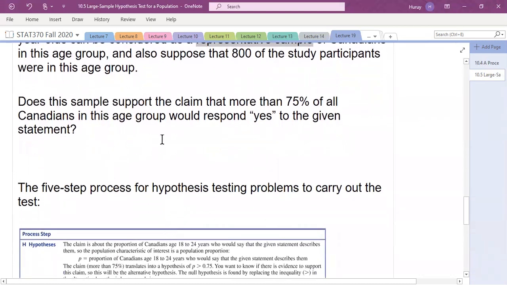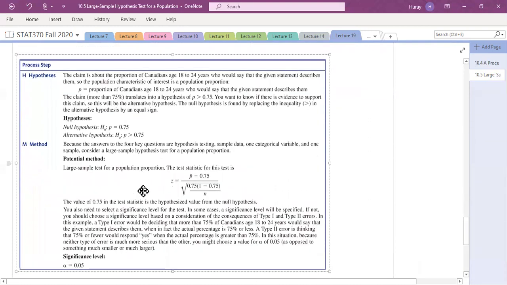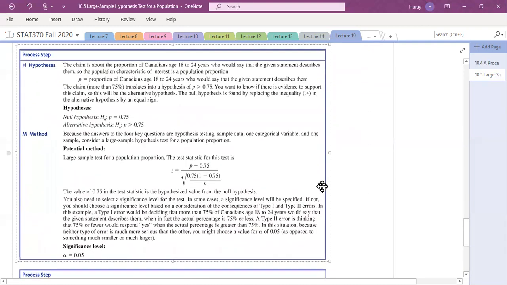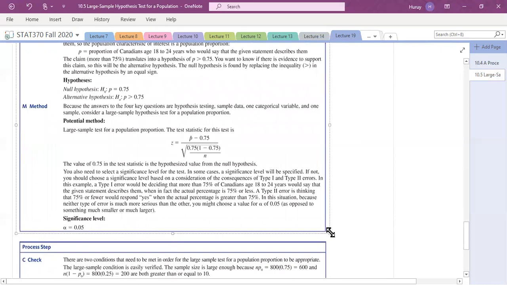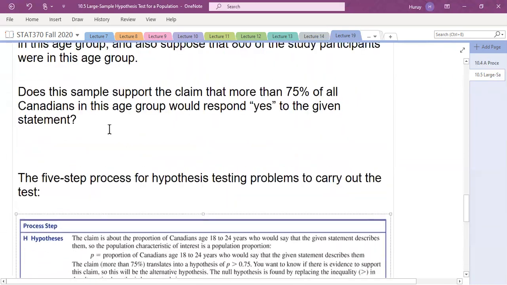Now, does this sample support the claim that more than 75% of all Canadians in this age group would respond yes to the given statement? Let's go step by step to answer this question.